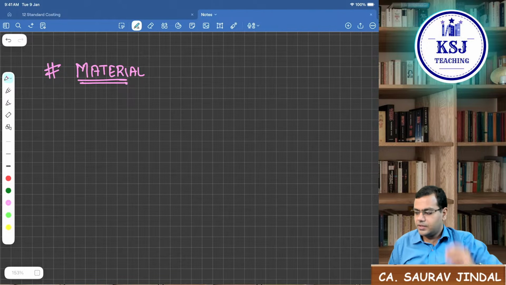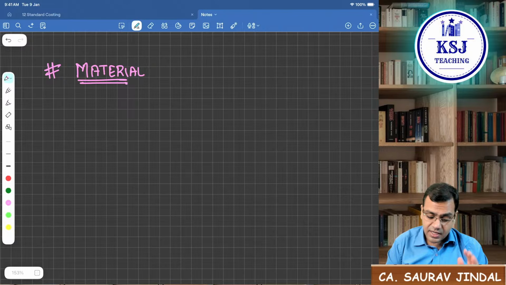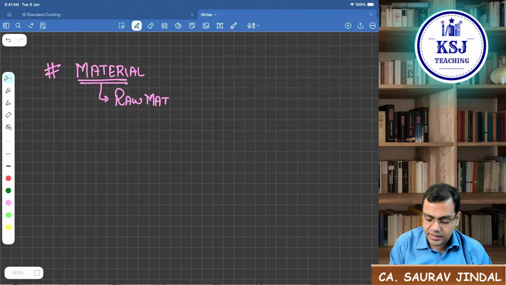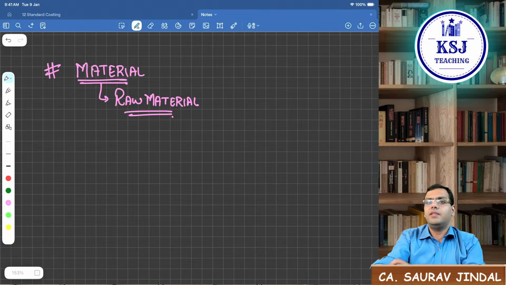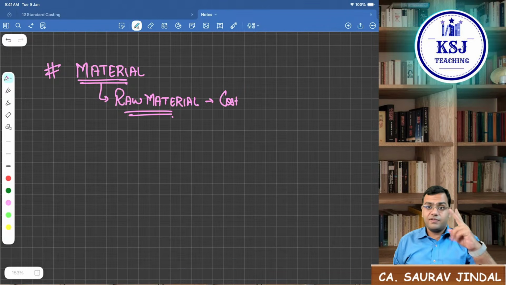Yes, ready everyone? So when we talk about material variance here, which material are we talking about? We are talking about raw material. In the raw material cost, the variance can be because of two reasons.